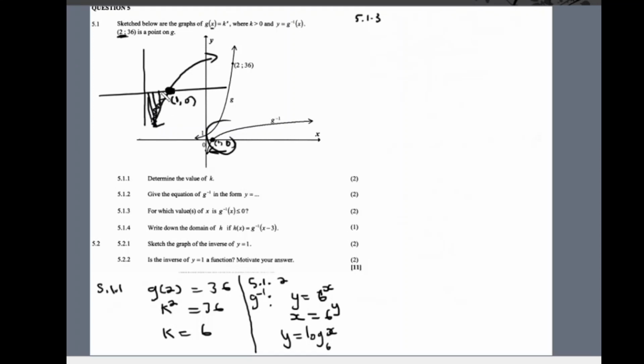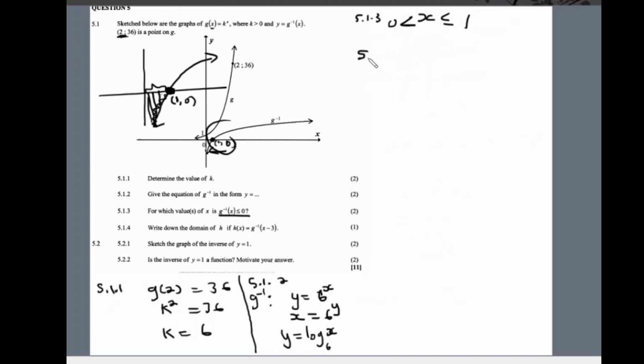So the values of x for which the graph is less than or equal to 0 will be the values between 1 and 0. Notice we are not including 0 because x equals 0 is the equation of the asymptote for the inverse, so you cannot have x be 0.